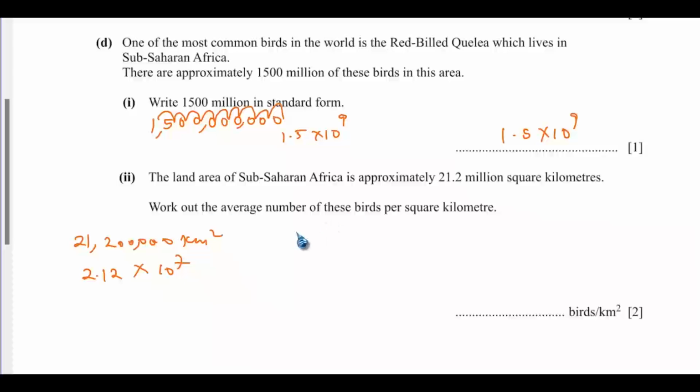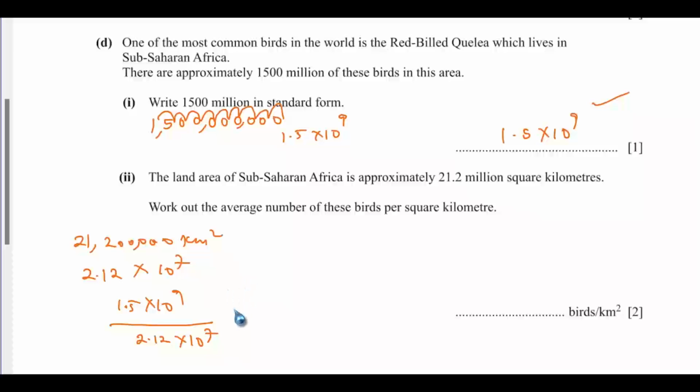So the number of birds is 1.5 times 10 to the power of 9. So that is this one here. Then divided by the land area, that will be 2.12 times 10 to the power of 7.